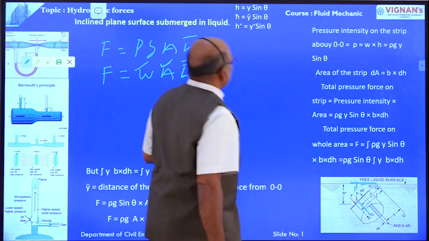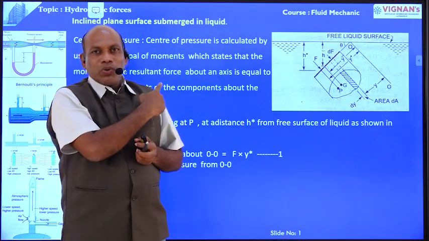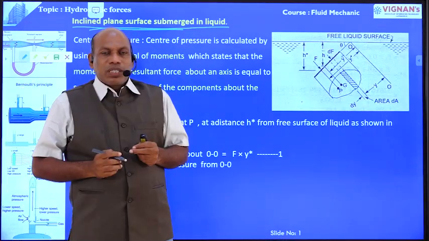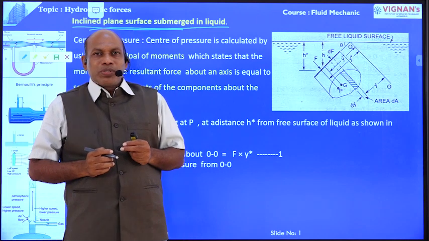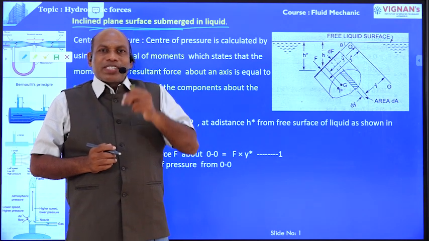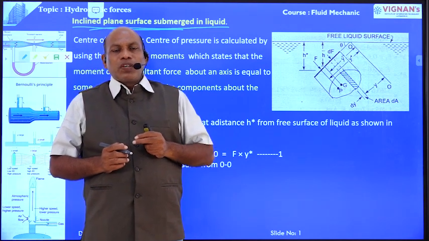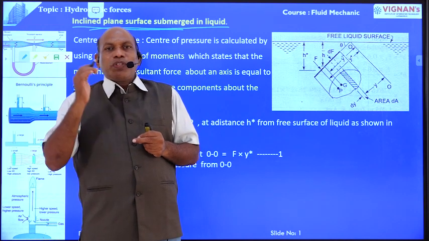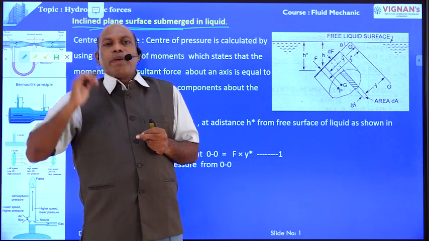Right, now we are going to determine the center of pressure. The center of pressure is determined by using the principle of moments. It states that the moment of the resultant force is equal to the sum of the moments of the components about the same axis.